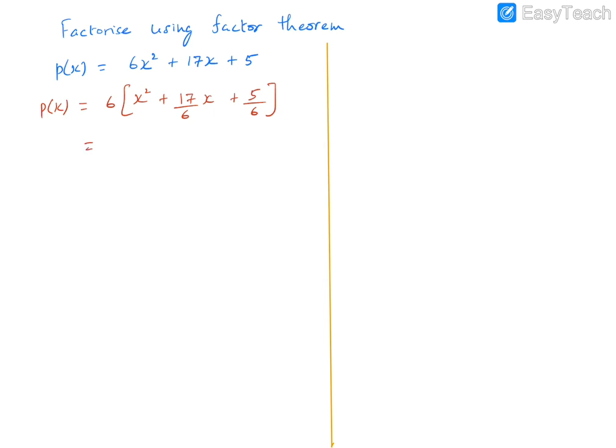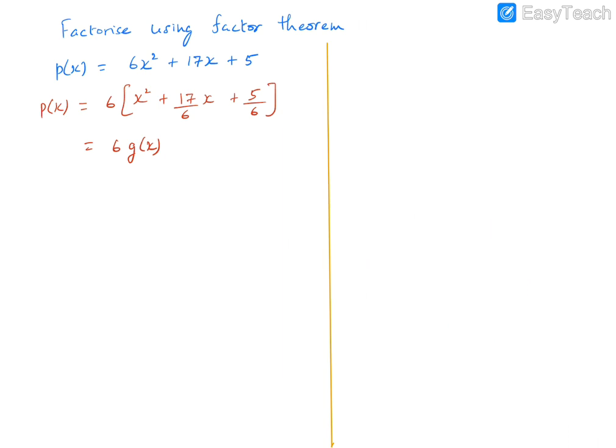So now we have this in some form like, let's say, 6 into, I'll call this g of x. So g of x here is x squared plus 17 by 6x plus 5 by 6. Now let's say this polynomial g of x, which is inside the bracket, has zeros a and b.